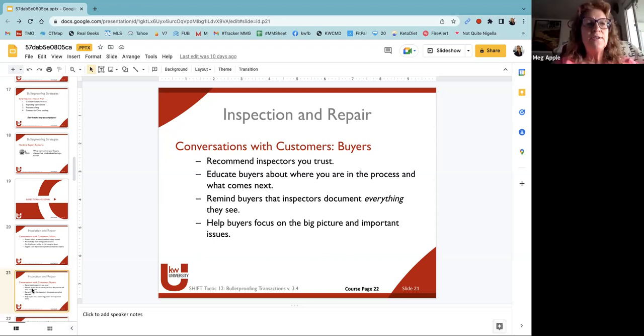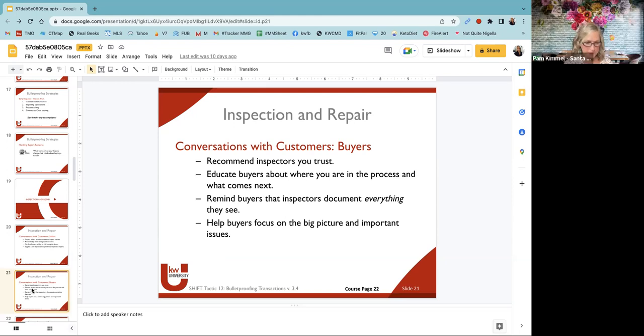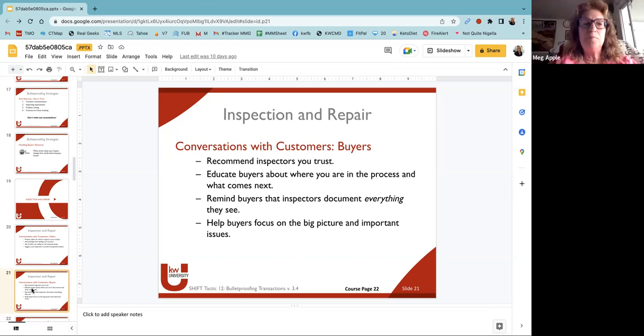I always try to tell my buyers when they're looking at an inspection report, because for so long we didn't do the inspections. We were reading the reports from somebody else's inspections, is that every inspector has to find something.